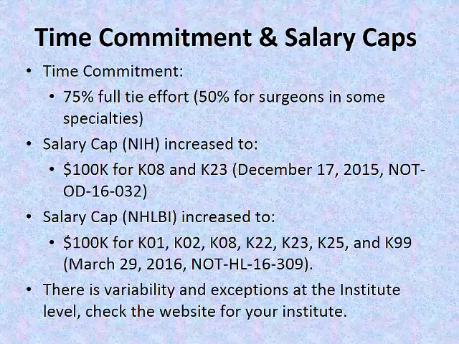So for example, at the National Institute on Aging, there's something called a Beeson K. And the Beeson K has one special study section a year. The applications tend to be due in the late fall. And it's a more generous K award because it's co-funded by the Beeson Foundation and the NIH.